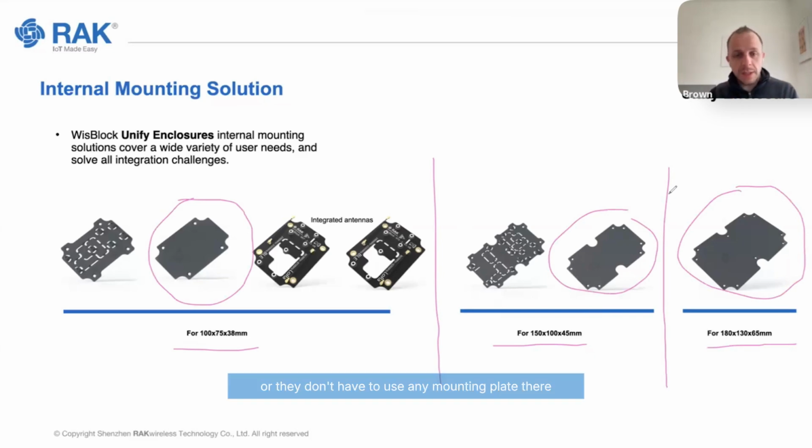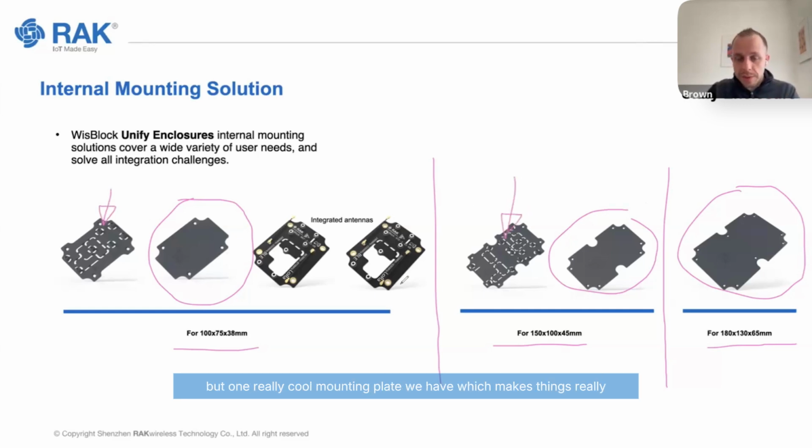Or they don't have to use any mounting plate. If they develop their own hardware, they can copy the shape of that mounting plate, and that could be their electronics, and they could fit that inside the enclosure. So they don't have to use a mounting plate at all. But if they want to use WisBlock and use it very quickly, they can pick these ready-made mounting plates.